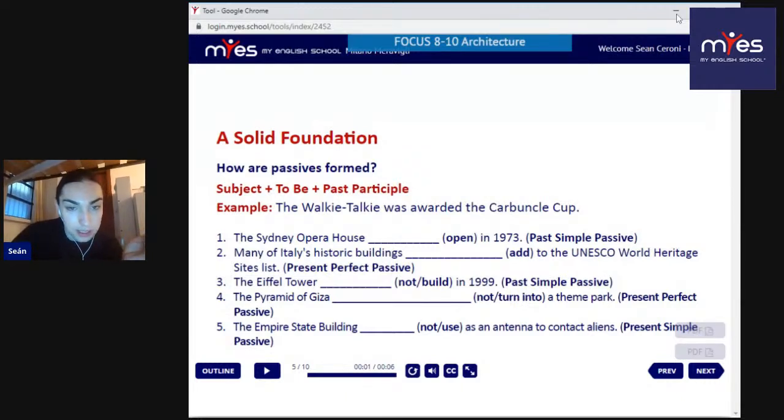So obviously here we have to fill the gaps. We have a verb and we have what kind of passive it is. We have what tense we need to place these in. So past simple, present perfect, past simple, present perfect, and present simple. So anyone who's watching, please fill in the gaps.